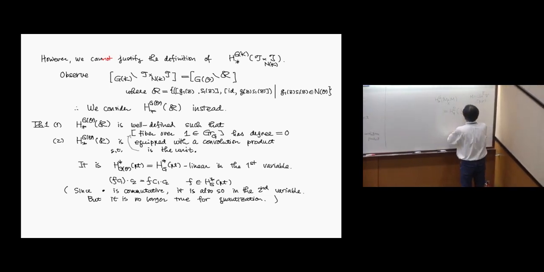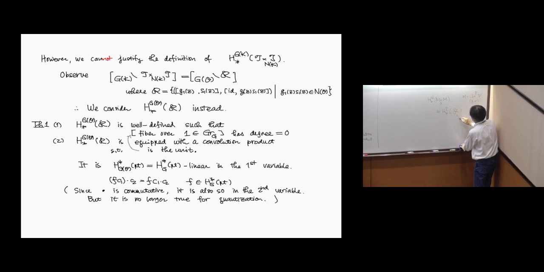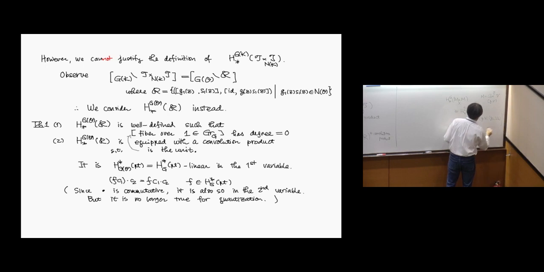Maybe I just didn't write it by R, same notation. This is G of V, G1 of V1, of V2, such that G2 is the identity.